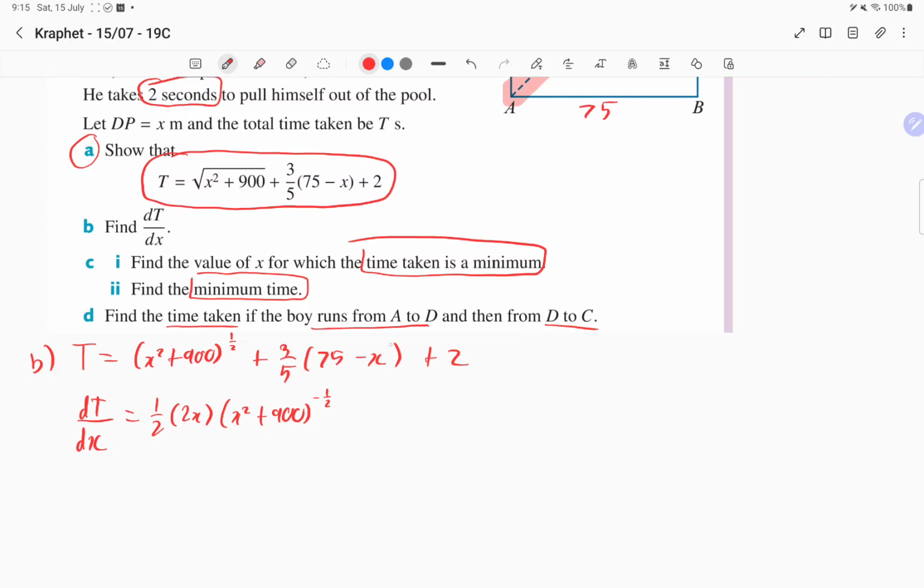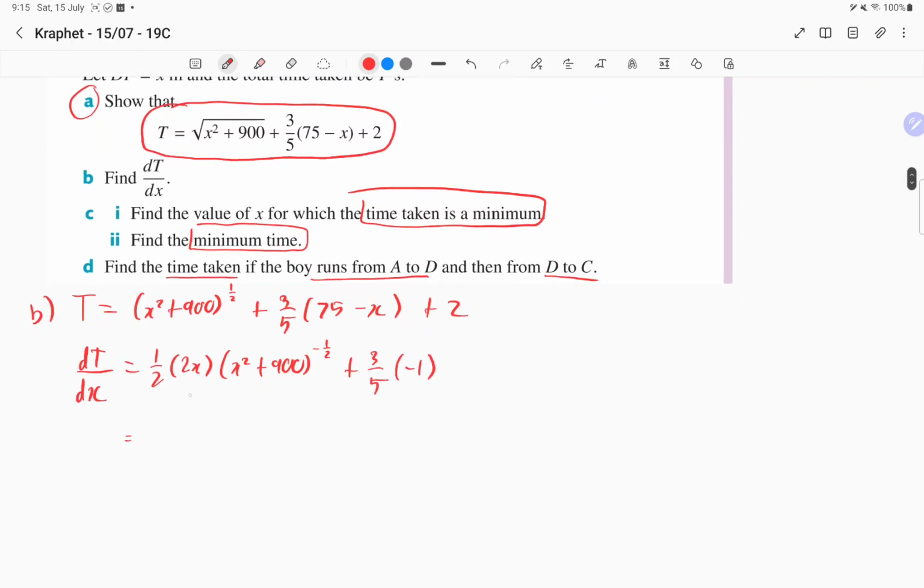And then derive the next one, constant is the same, which is 3/5. Derive what's inside, you get -1. And then 2 is gone. All right, simplifying that should be just x over square root of x squared plus 900, and then minus 3/5.